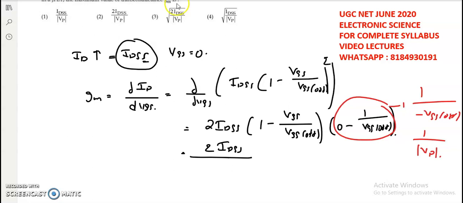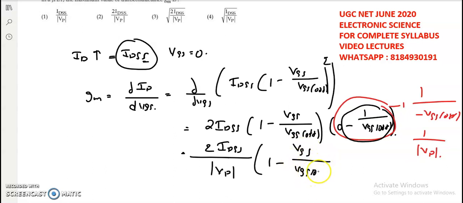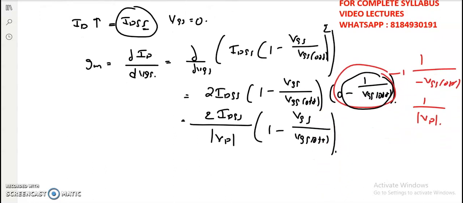So now this entire thing, minus 1 divided by VGS(off), can be given as modulus of pinch-off voltage into 1 minus the same thing, VGS divided by VGS(off), right? So it is the expression I am getting for the gm, transconductance.